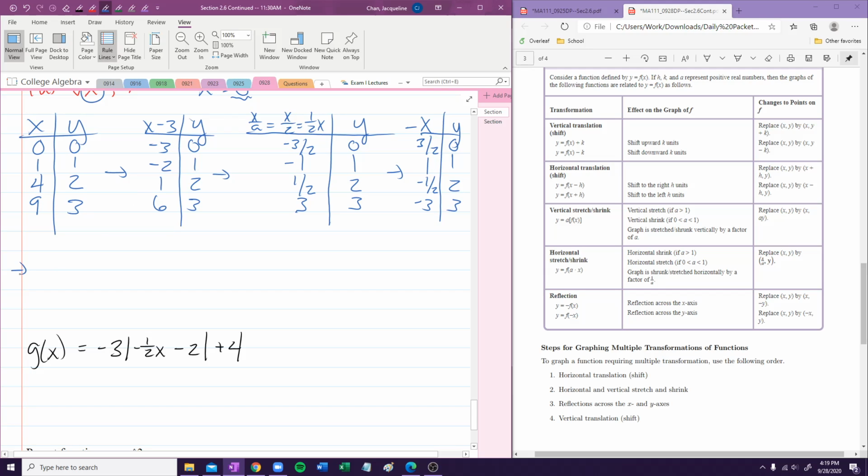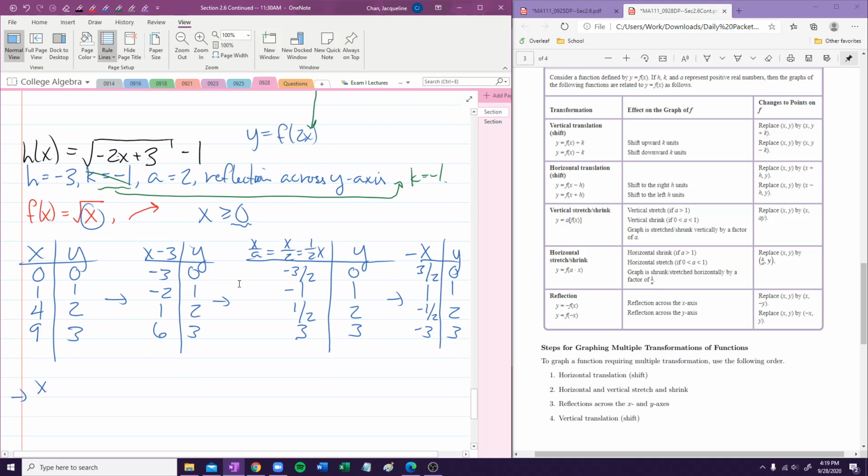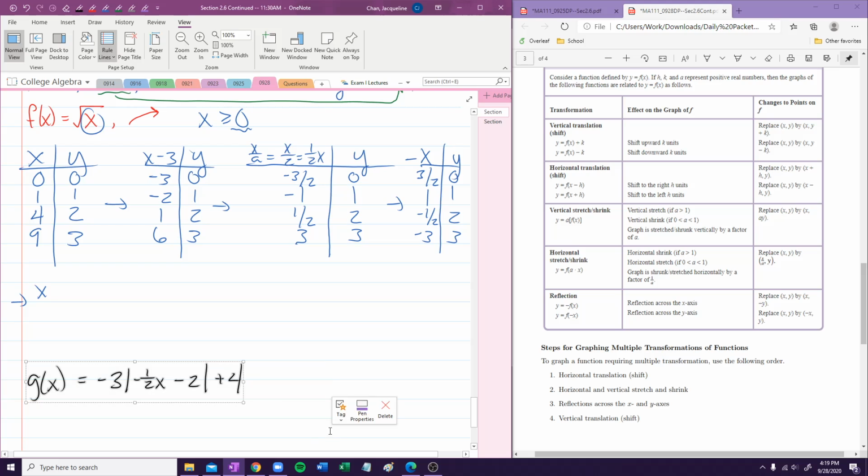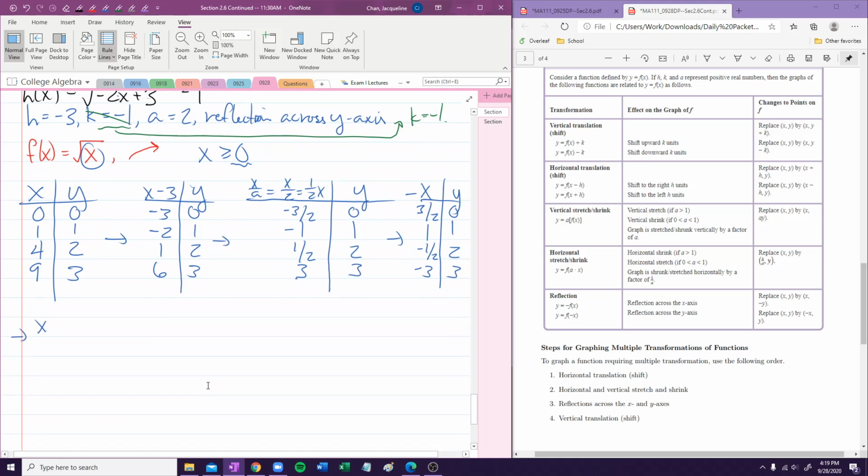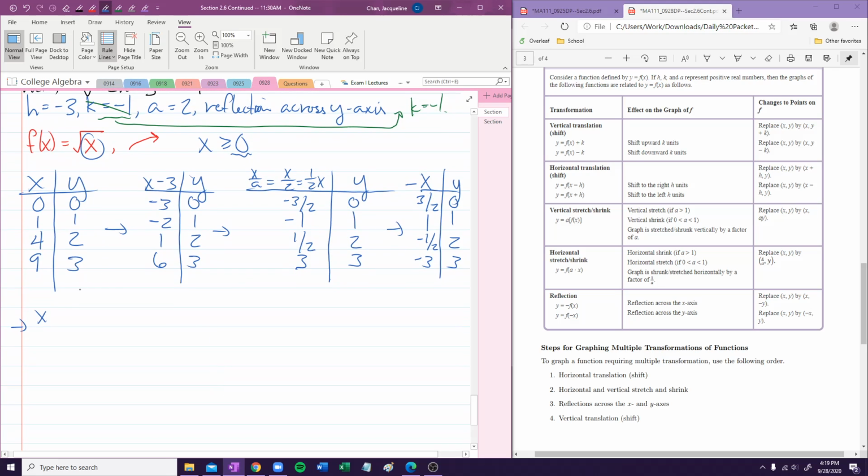Okay, last but not least, we want to do the vertical translation. The vertical translation is -1. So what does that mean? The vertical affects my y-axis, so it's just going to be y minus 1. So this is 3 halves, 1, negative 1 half, negative 3, and then y is negative 1, 0, 1, 2.